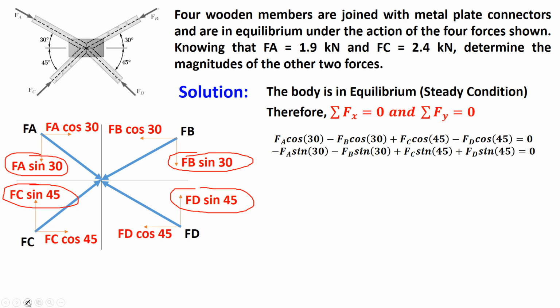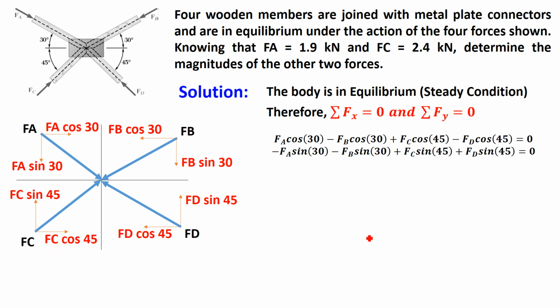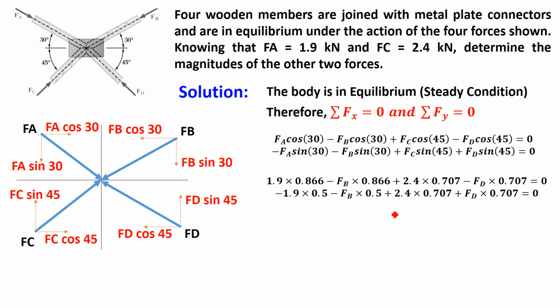Now we simplify these two equations by calculating the values of sin 45, cos 45, sin 30 and cos 30. Cos 30 is 0.866, cos 45 is 0.707. Similarly sin 30 is 0.5 and sin 45 is 0.707 again.